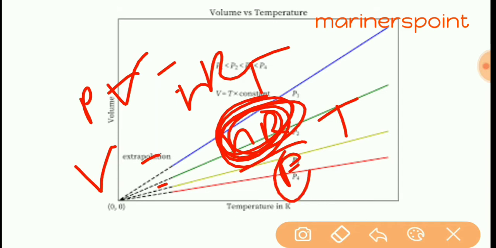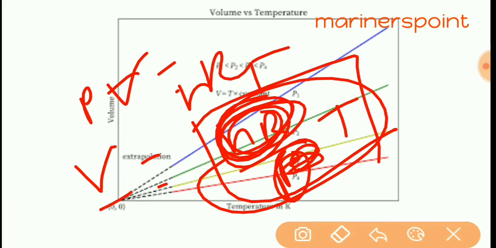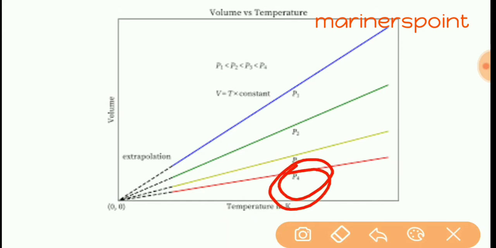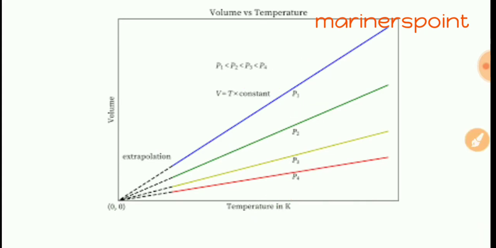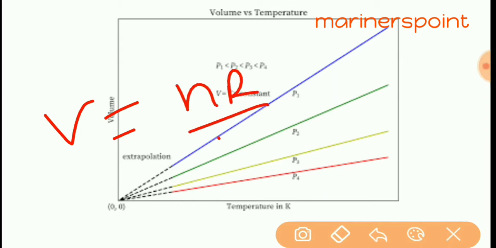If pressure is more, then the overall value we get is less, meaning the volume will be less. We get nR, P and T, and we know that y equal to mx.